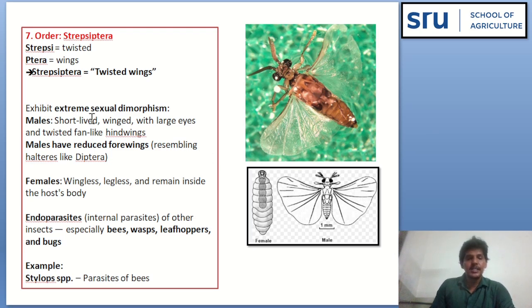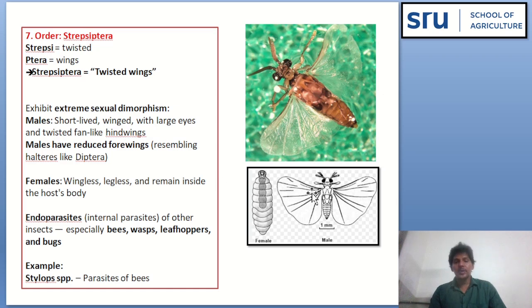These insects exhibit extreme sexual dimorphism, meaning male and female differ in their morphology. Males are short-lived, winged with large eyes and twisted fan-like hindwings.